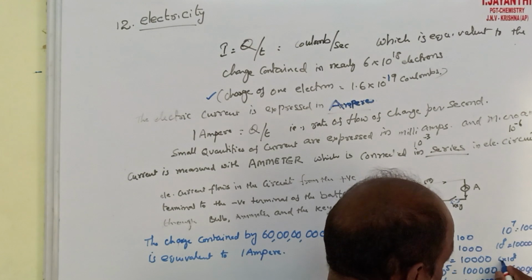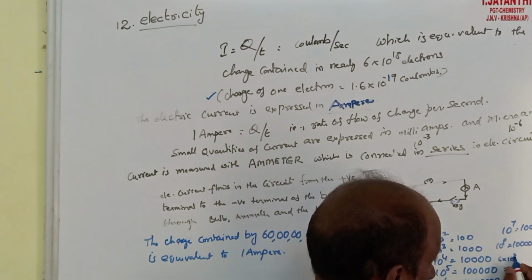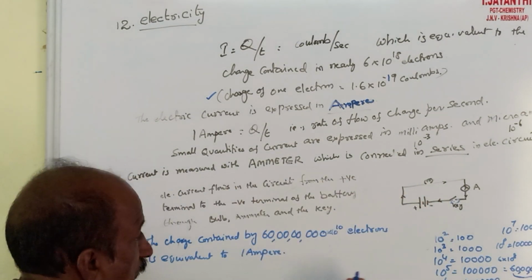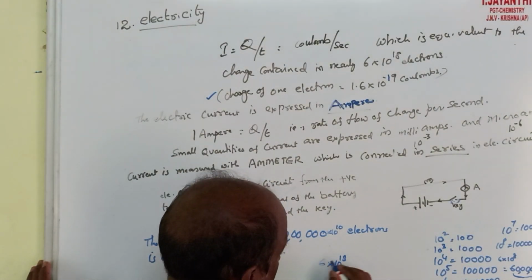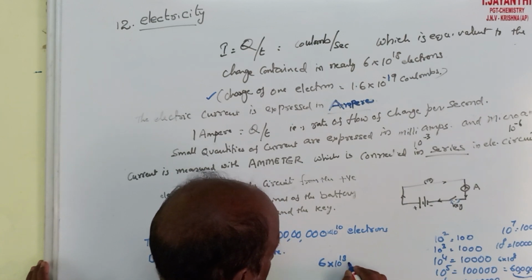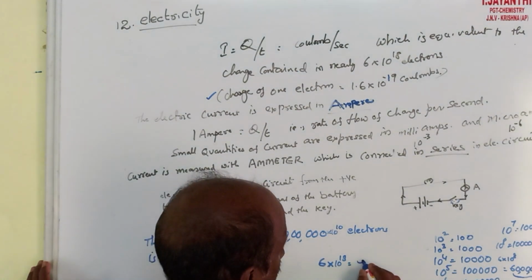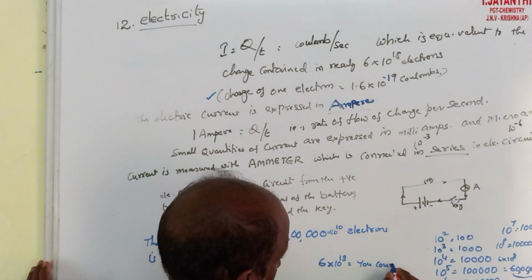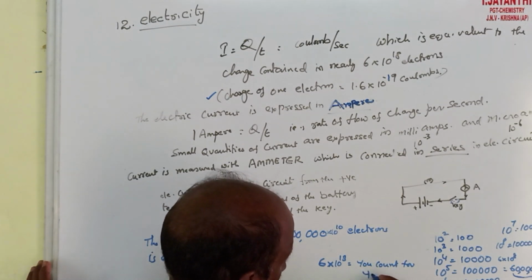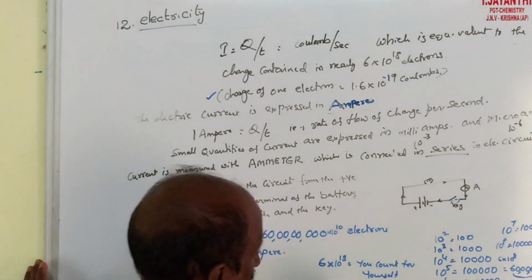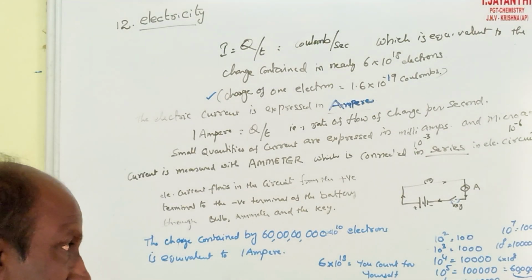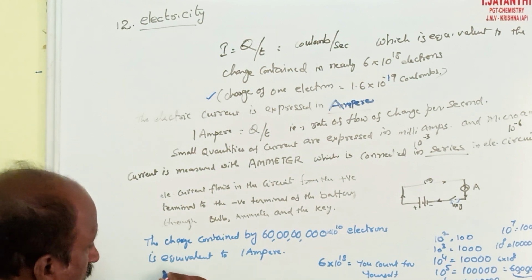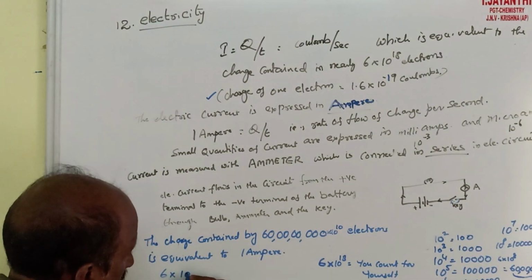Likewise, here I have presented the value of 6 into 10 power 8 as 60 crore. Similarly, 6 into 10 power of 18 is equal to, you count. We can write 6 followed by 18 zeros.